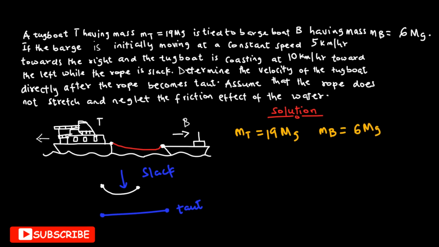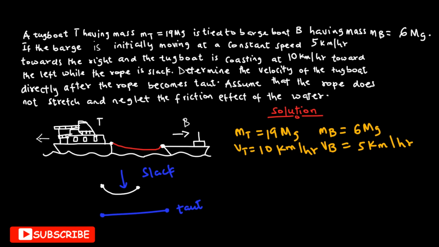The initial velocity of the barge boat, named VB, is given as 5 kilometers per hour, and that of the tugboat is given as 10 kilometers per hour.